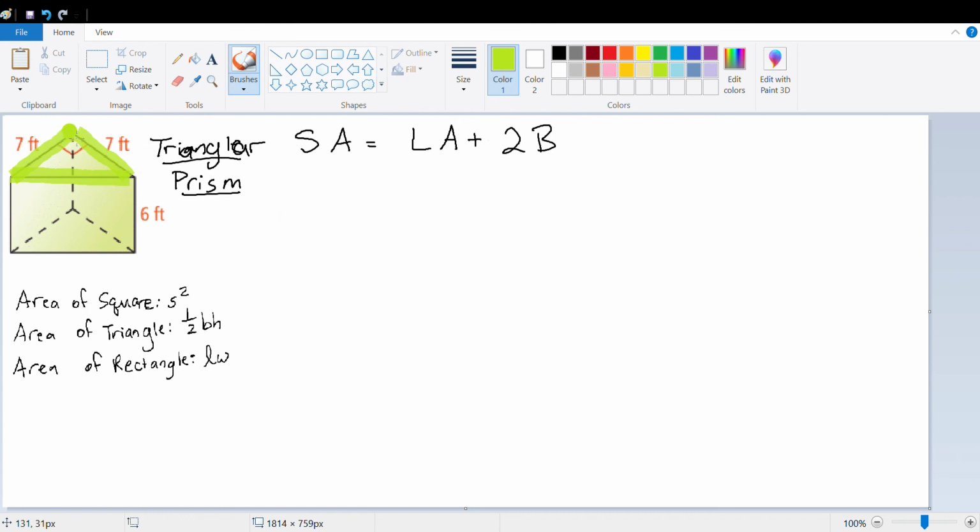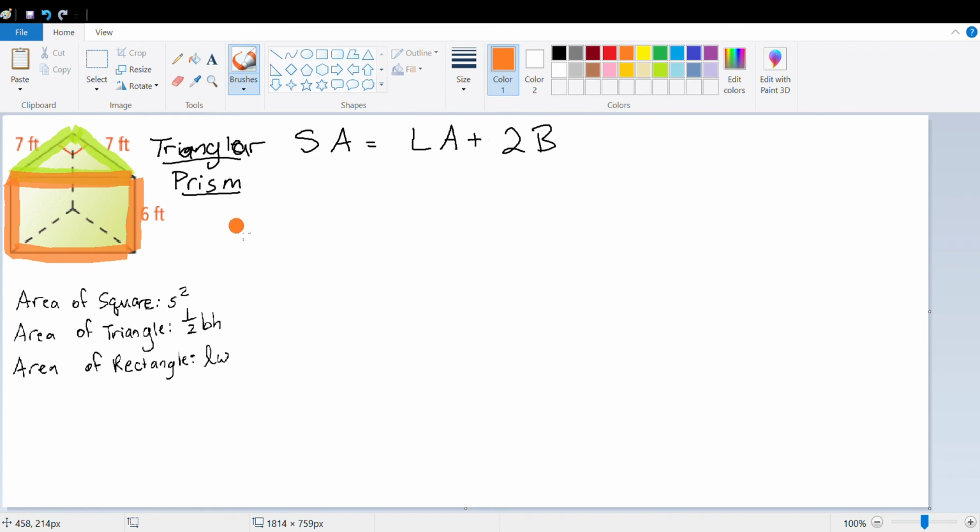Now, some of you might argue, well, I actually can see a rectangle sticking out at me. So let me just highlight this in orange. Like this rectangle. Can't I use this one as the base? Okay, so you can use that as a base. That's perfectly fine. But the issue is we only have one of the sides of the rectangle, right?